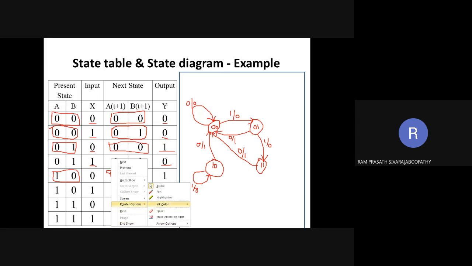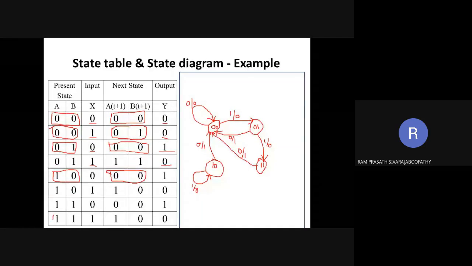Understand what I am saying. This is present state 1 1 and next state 1 0. So from 1 1, I have to put an arrow to 1 0. That's all. Input outputs are 1 by 0. So this is the entire state diagram. Is it clear for everyone?